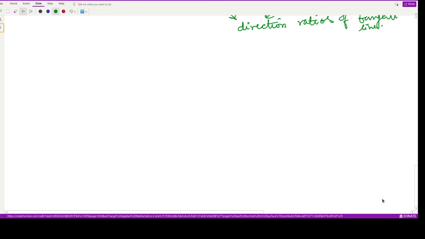Now suppose the equation is given in 3 dimensions. In 3 dimensions, suppose your curve is defined by g of x, y, z is equal to 0. This is an implicit curve having a relationship between the coordinates x, y and z.